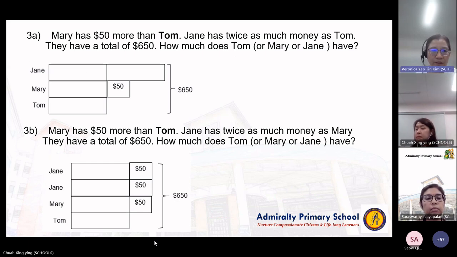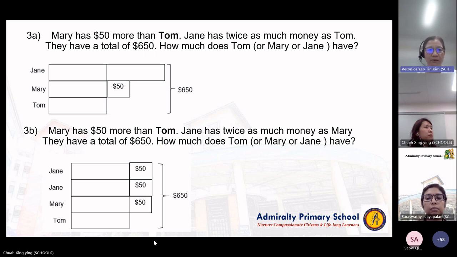Question 3A, 3B are a little bit more complex. These are middle primary, what we call the stacking model. Stacking model basically means I build on top of that basic comparison model. So again, the questions are comparison in nature, but to do this model drawing, the child needs to be very clear. For instance, in 3A, Mary has $50 more than Tom.